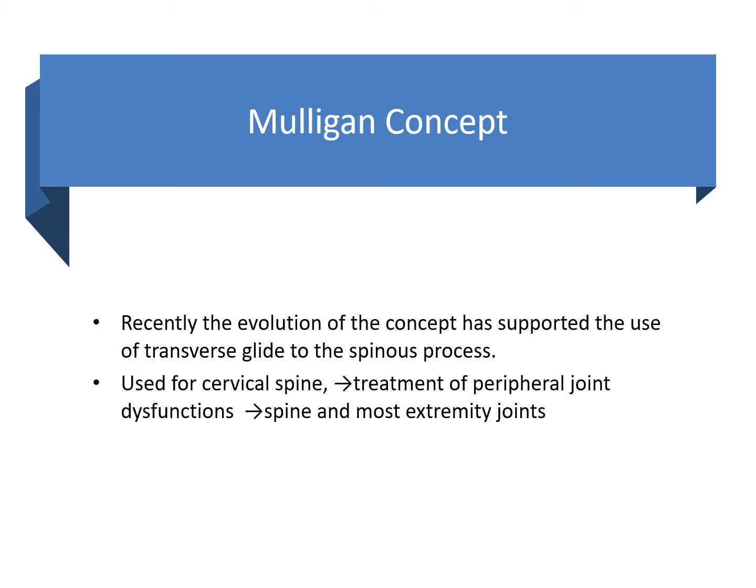In recent research, it has also been found that if you give a certain glide, which is a transverse glide, to the spinous process of the spine, that can also help in reducing pain in peripheral joint dysfunction. This means that if you give a glide in a remote area, for example in the cervical area, patients with elbow pain or shoulder pain have recovered.